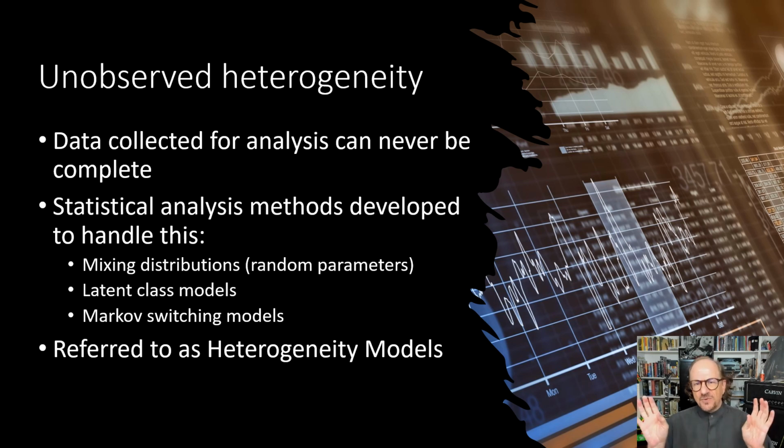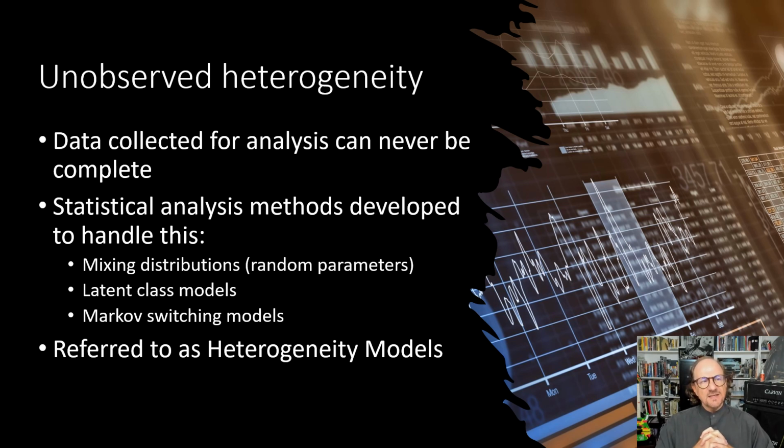So if you go through the transportation data analytic literature, you will see the application of random parameter models in the last 2 decades have become quite extensive. Similar to random parameter models, we have latent class models.